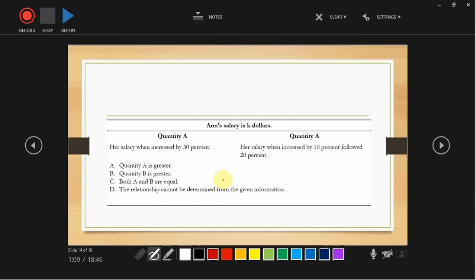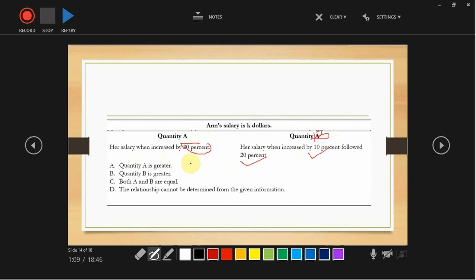So now one example. Anne's salary is K dollars. Quantity A is her salary when the salary is increased by 30%. Quantity B is her salary when it is increased first by 10%, then followed by 20%.